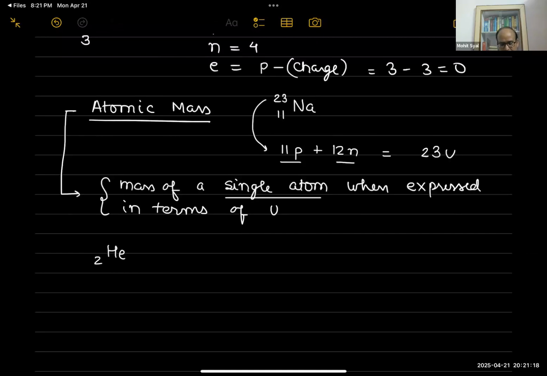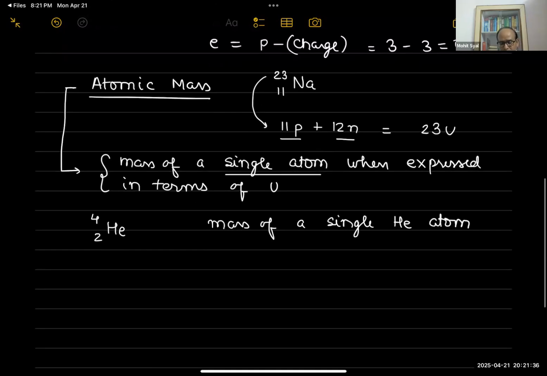What is the mass of a single helium atom, or what is the atomic mass of helium? It is 4, so 4 U.